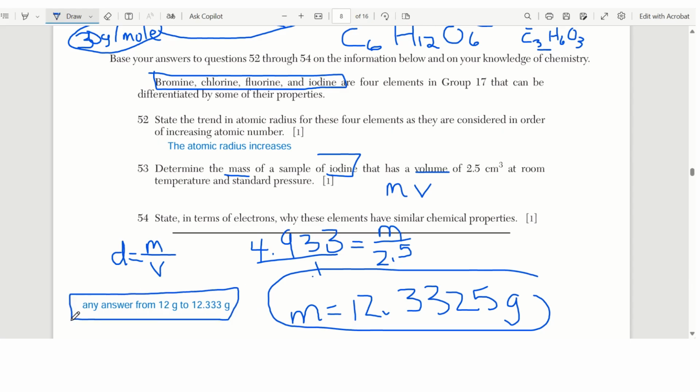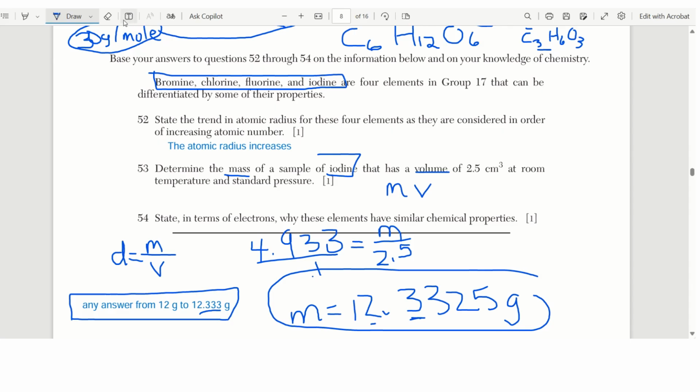Any answer in that range. So I could have rounded it to 12.3 or 12.33, or 12.333. That would be the upper end. Or I could have rounded it to 12 at the lower end. I tend to discourage rounding to a whole number, so just be careful with that. If you're going to round to a digit after the decimal, or just write what the calculator gives you.